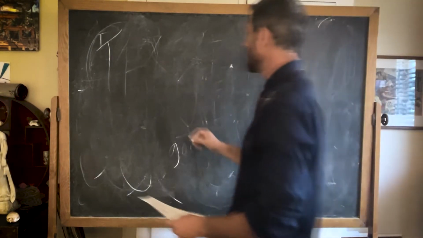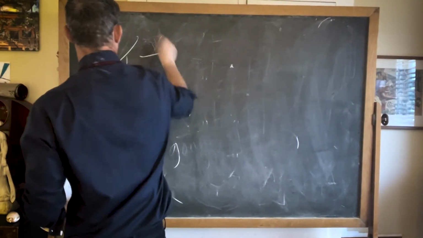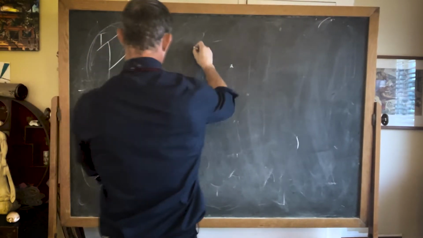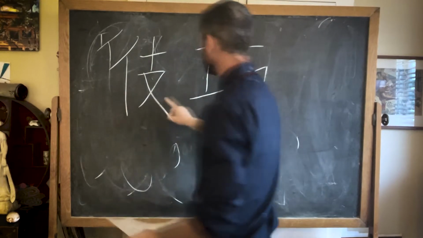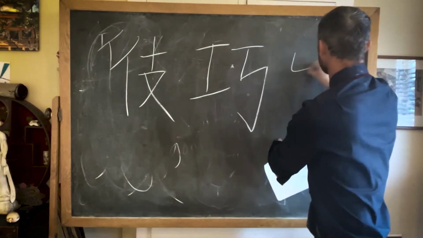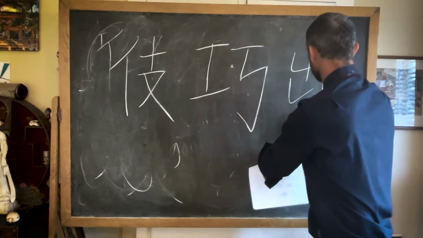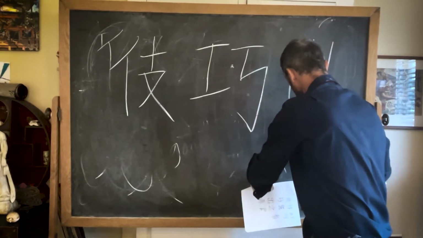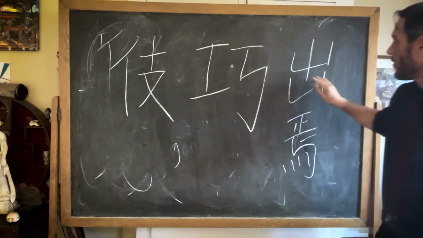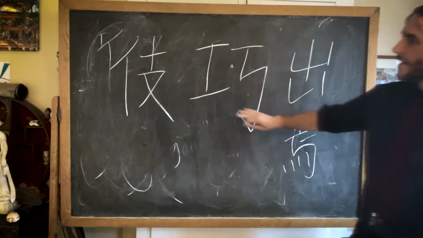What emerges from the kidneys is 技巧之言. So the 技巧 emerges from it, chu yan.